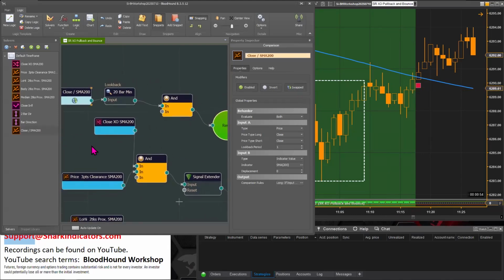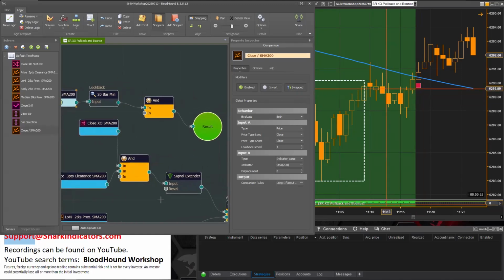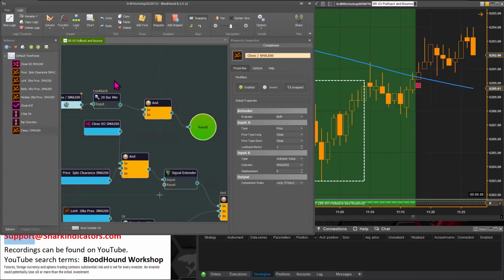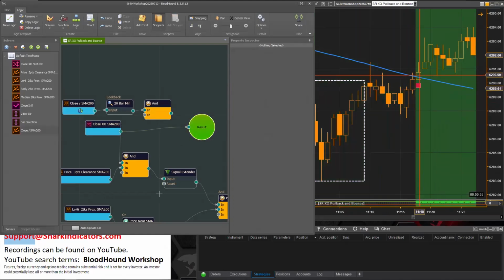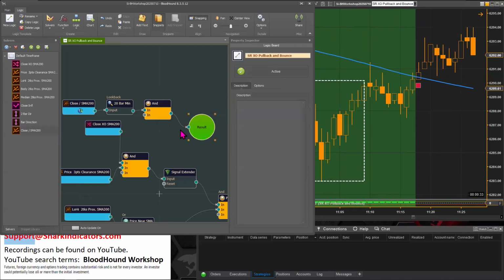So now the output here from our 20 bar minimum requirement, right, that price is below before it crosses, and our crossover is a long. So let's take a look at that.